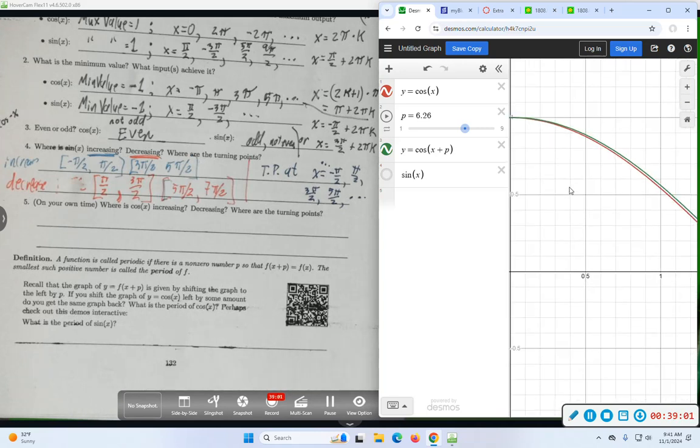All right, those don't quite line up on top of each other, but what's a number that seems promising that's about 6.26? 2 pi, right? 3.14 times 2 becomes 6.28-ish. So let's see if 2 pi does the job.